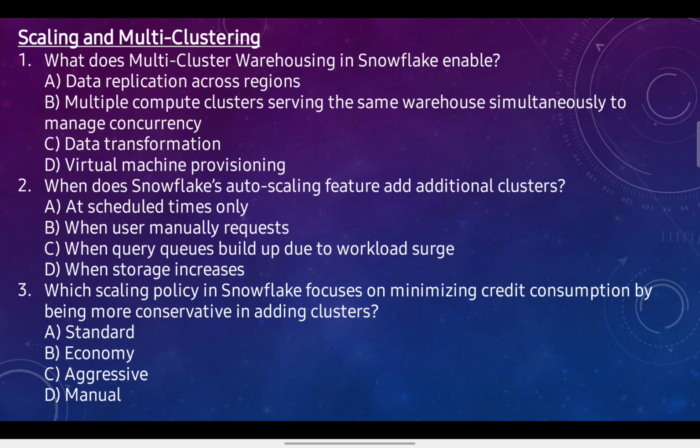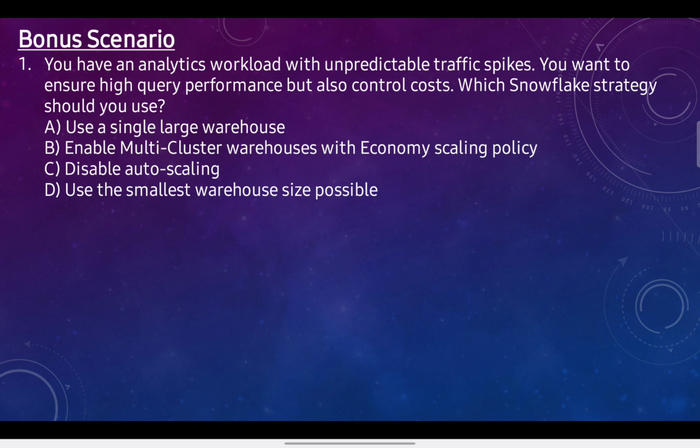So that's all about this video, and there is a bonus scenario question. You have an analytics workload with unpredictable traffic spikes. You want to ensure high query performance, but you also have to control the cost. Which Snowflake strategy should you use?